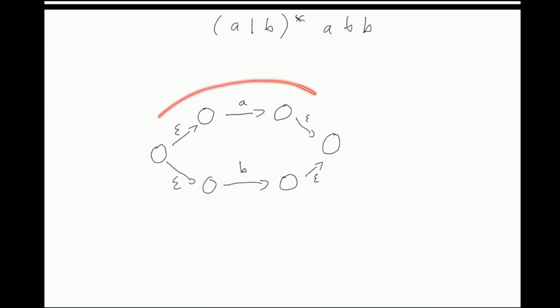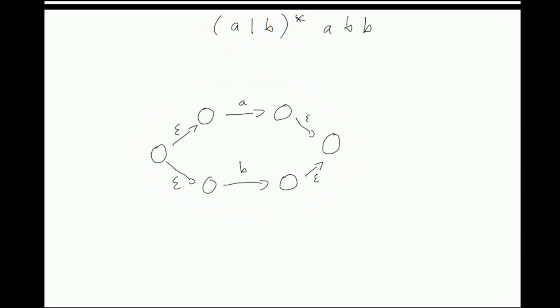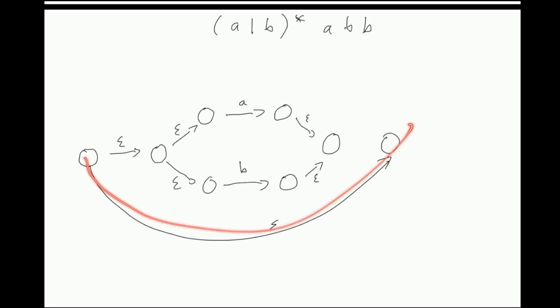So remember, this is our complete alternation here, and then we're going to wrap a Kleene closure around this expression. We create a start and end state for the Kleene closure. There's an epsilon transition to the end state of the Kleene closure, because that represents 0 matches.